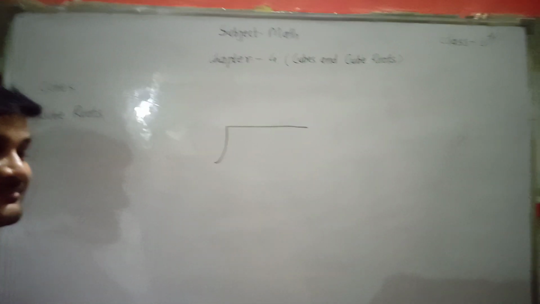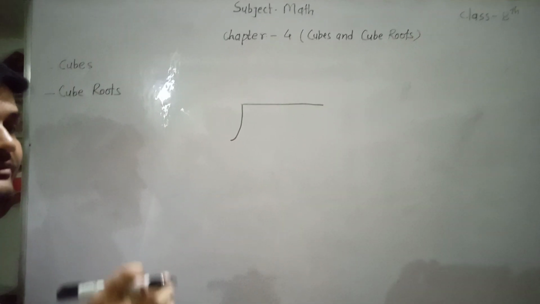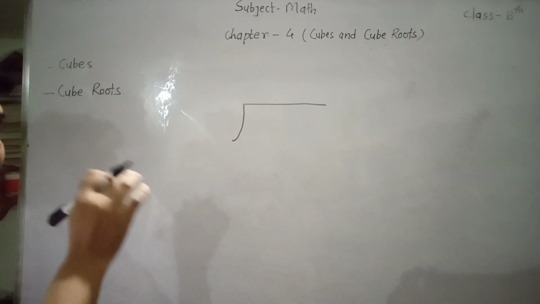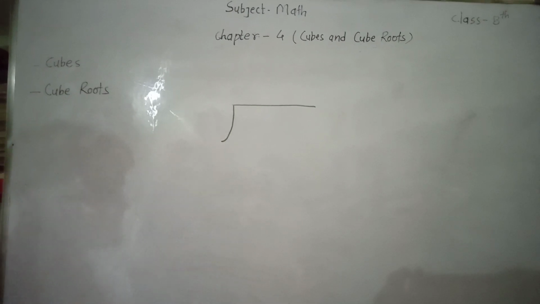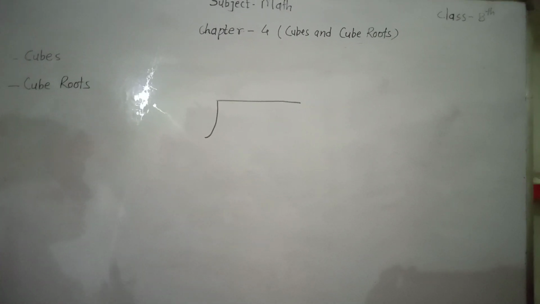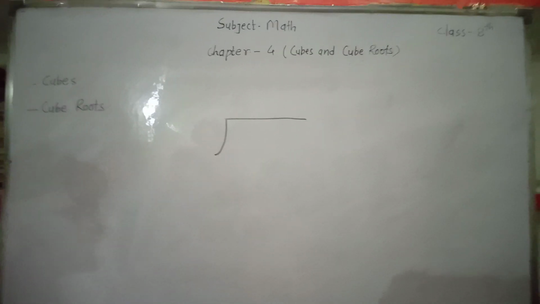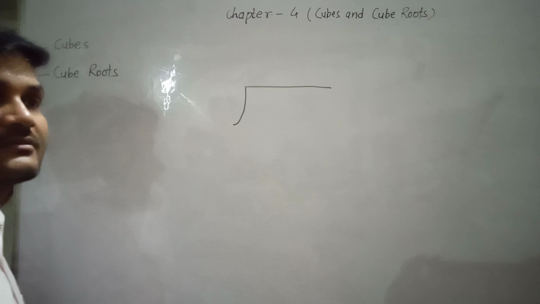I repeat again with example. First listen. If we divide a number with another number and we get the square of the divisor as the quotient, then the divisor will be the cube root of the dividend.